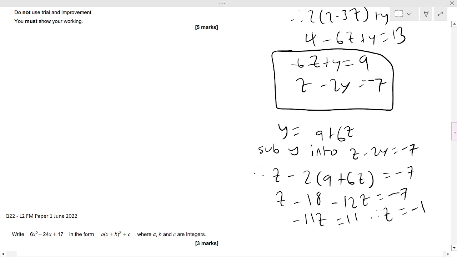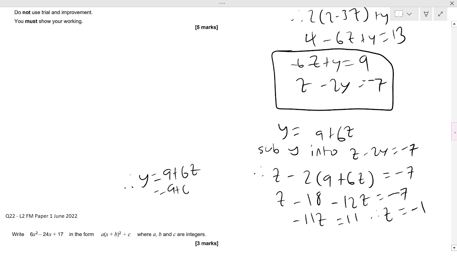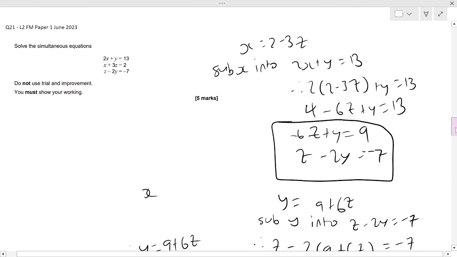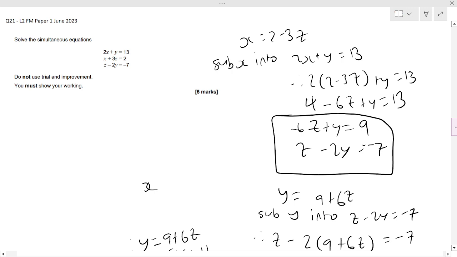But you found your z, so if I do it here, y was 9 add 6z, wasn't it? So it's going to be 9 add 6 of minus 1. Well, that's going to be 9 minus 6, which is just going to be 3. And then we can find x as well, because remember, we said all the way up here, x is 2 minus 3z, which is 2 minus 3 of minus 1.